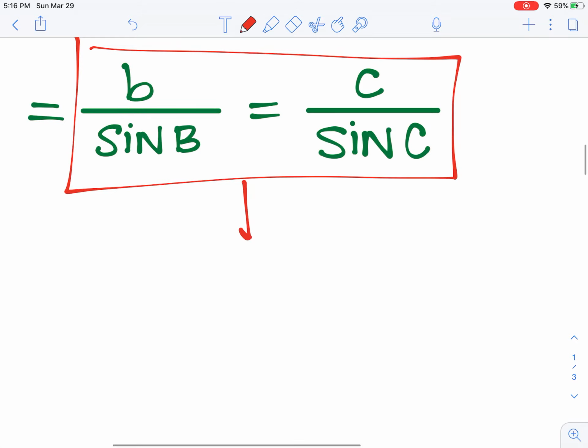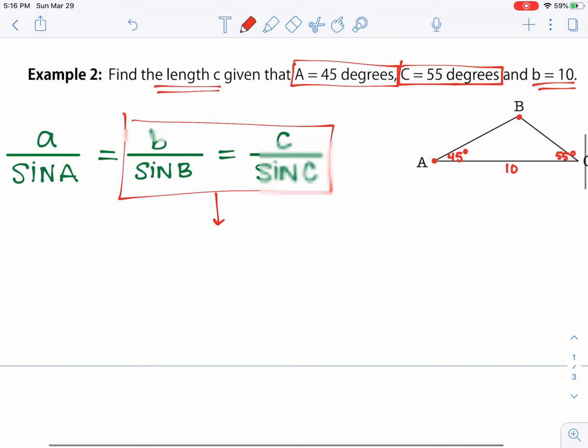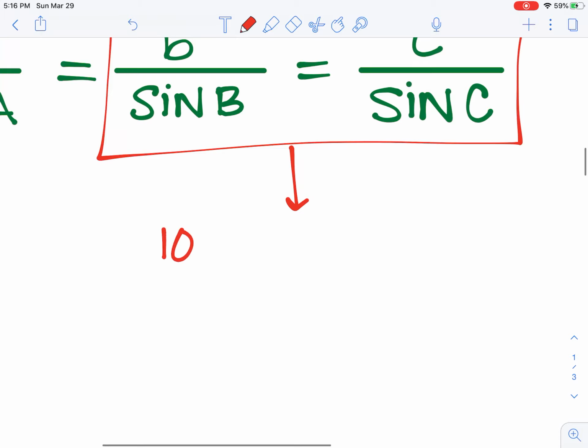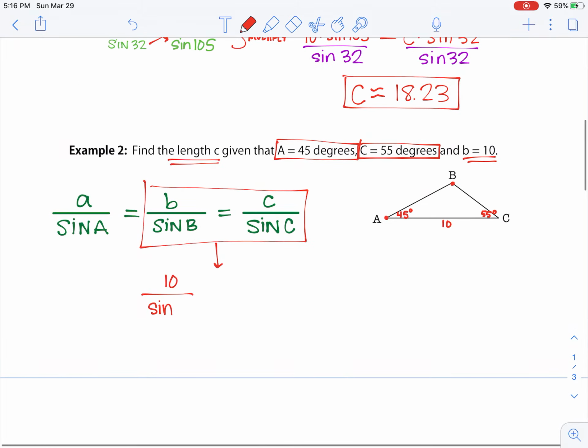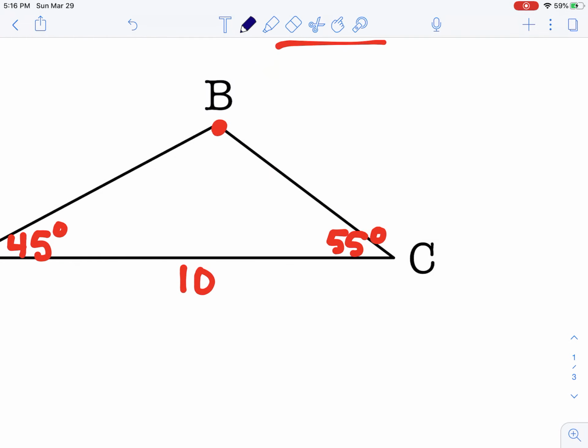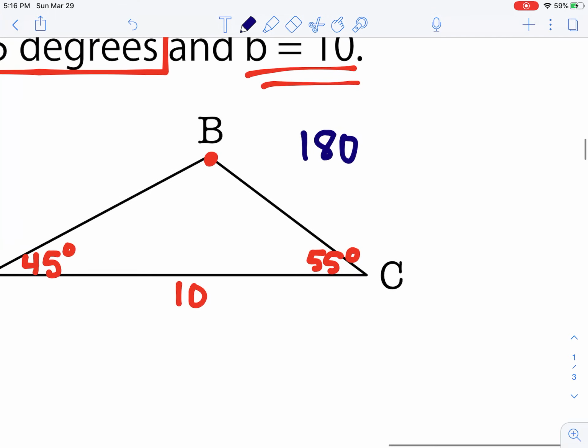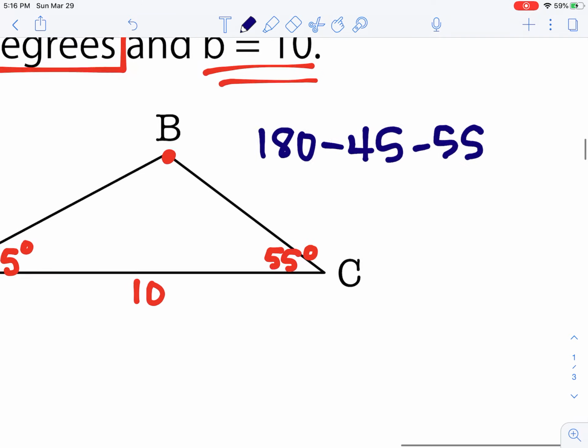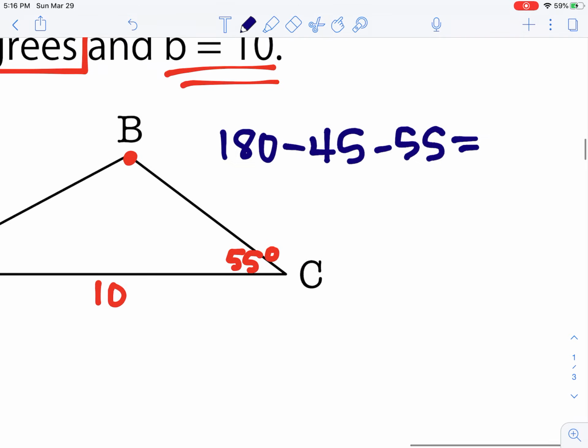So let's go ahead and substitute in what we know. We know little b is 10. Let's go ahead and find big B. So knowing that the angles in a triangle add up to 180, to find angle B, we're just going to subtract 45 and subtract 55, and that should give us our remaining angle, which I believe is 80 degrees.